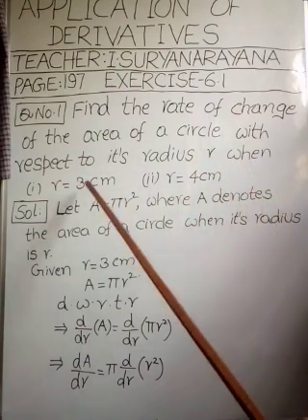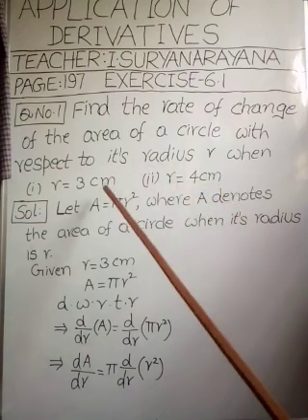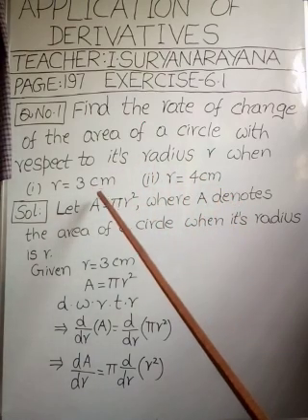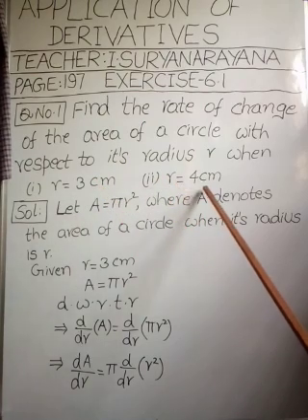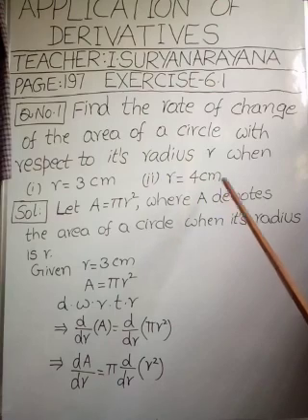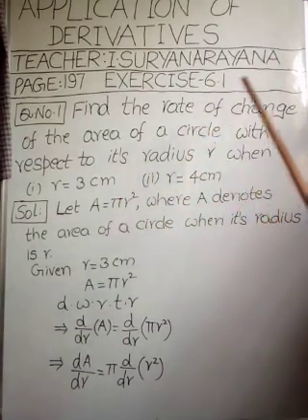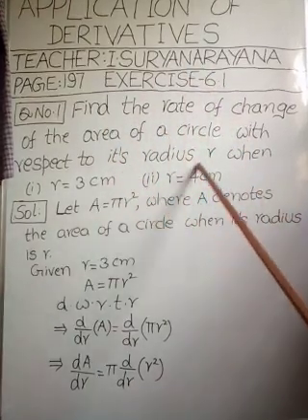There are two different situations: when r is equal to 3 centimeters is the first situation, and when r is equal to 4 centimeters is the second situation. In these two situations, we have to find the rate of change of the area of a circle with respect to its radius.